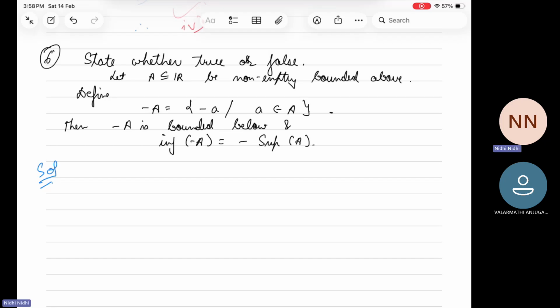Now since A is a non-empty bounded above set, obviously it must have an upper bound.